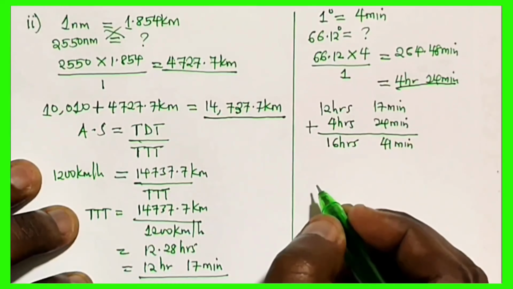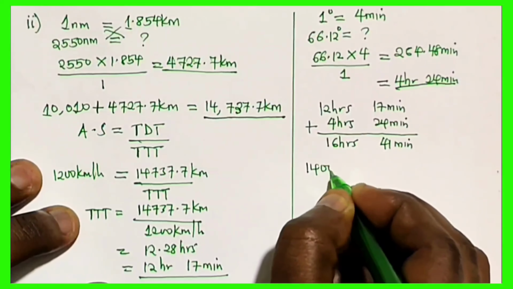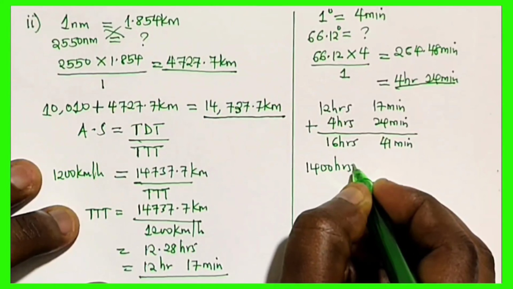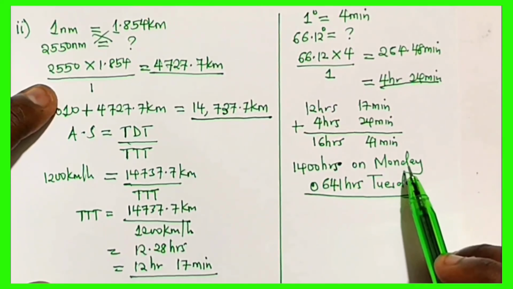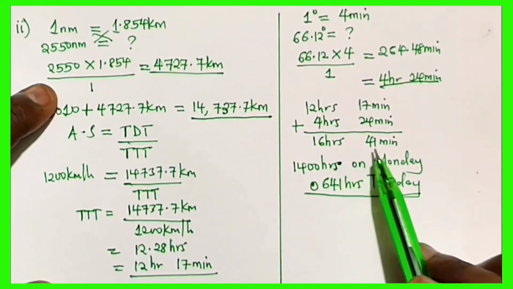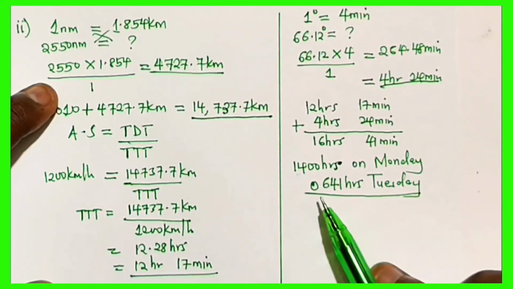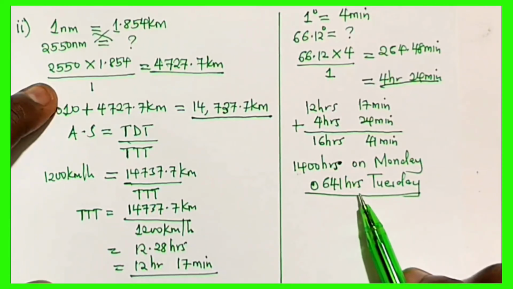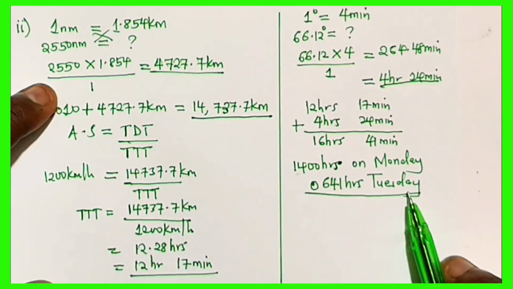So the journey started at airport A at 1400 hours, and this is on a Monday. So when we add 16 hours and 41 minutes to this time here, we are going to arrive at 0641 hours on the following day, which is on a Tuesday, and this is our solution.